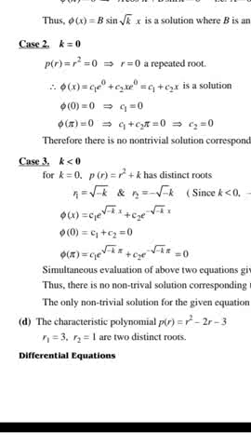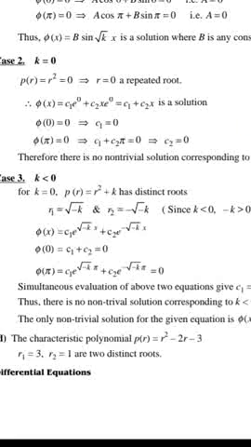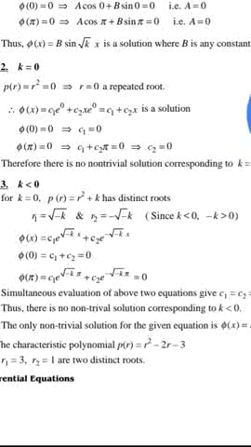Phi of 0 is equal to 0, therefore c1 is equal to 0. Phi of pi is equal to 0, therefore c1 plus c2 pi is equal to 0, therefore c2 is equal to 0. This implies that there are no non-trivial solutions corresponding to k is equal to 0.